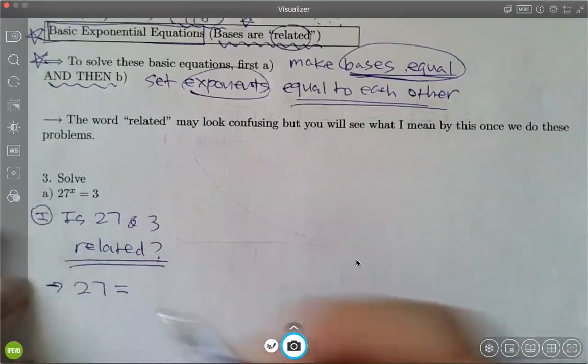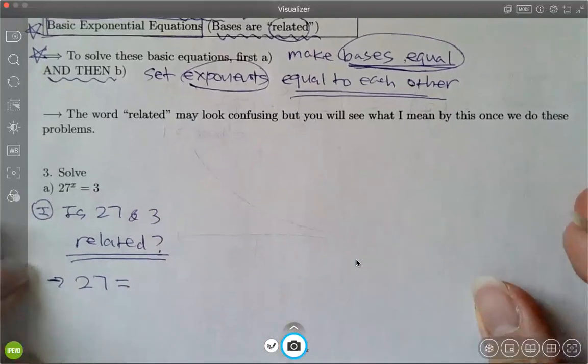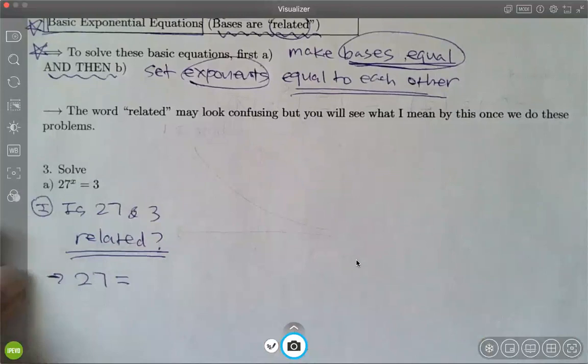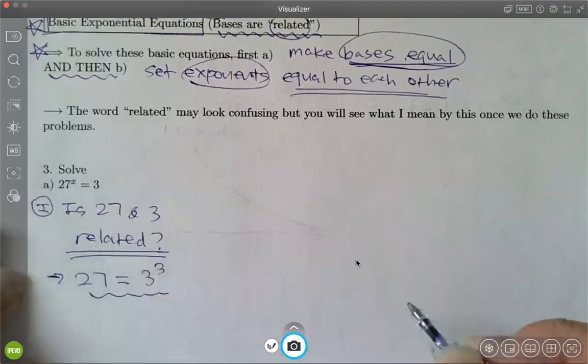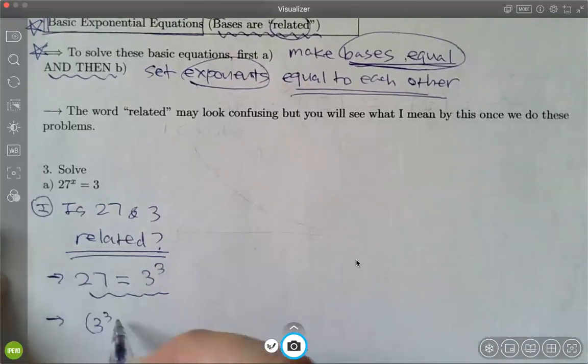27 is equal to what in terms of 3? Again, don't say 3 times 9. Use exponential form. 27 is equal to what? 3 cubed, yes. Okay, so we have 3 cubed to the x is equal to 3.